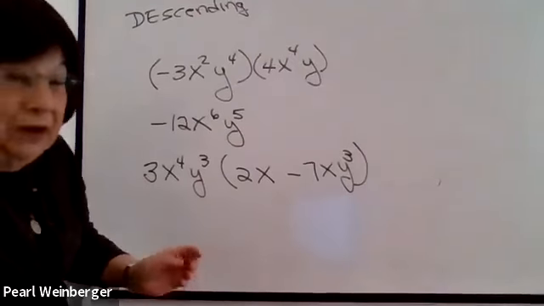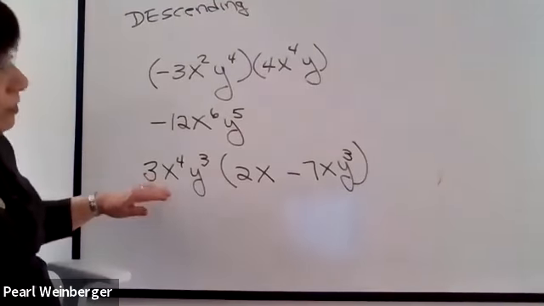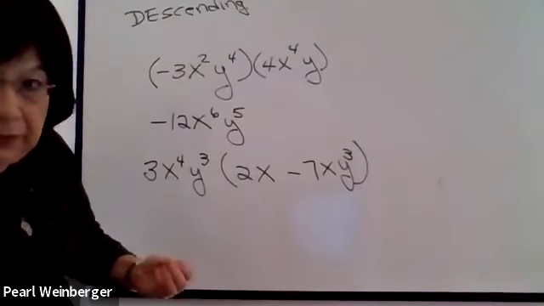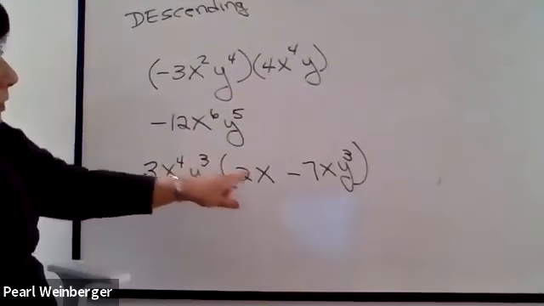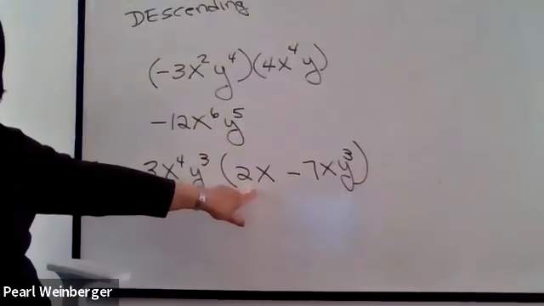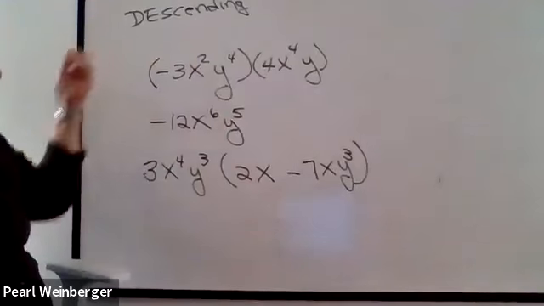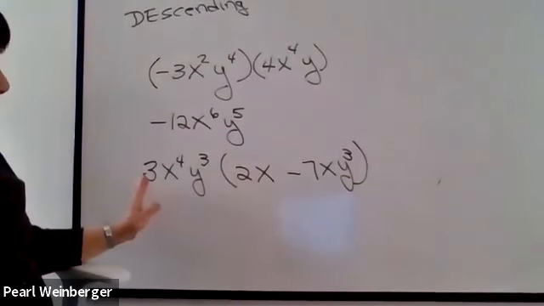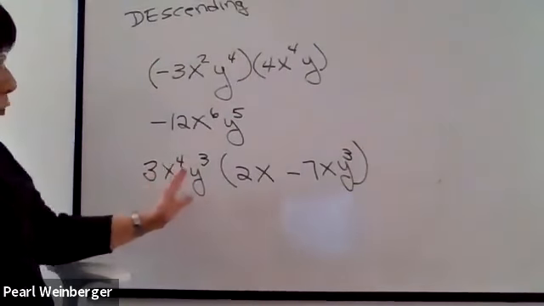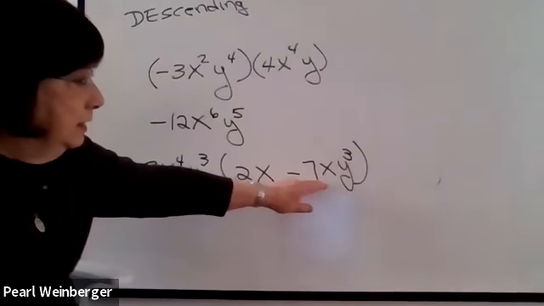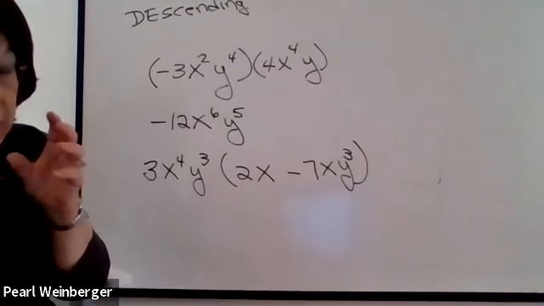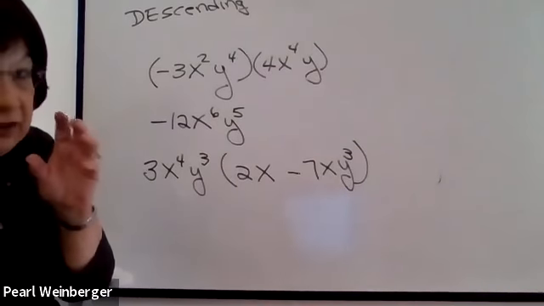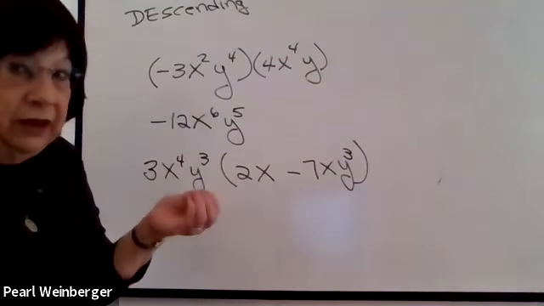And everybody's going to remember that we do this by using what's called the distributive property. We'll first take the 3x⁴y³ and multiply it by the first term, which is the 2x. Then we'll go back and we'll multiply the 3x⁴y³ times the negative 7xy³. And we'll be sure to look at the end to see if there are possibly any like terms.